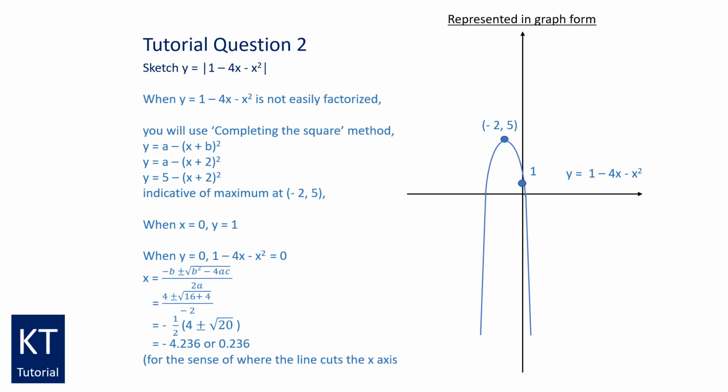Next, we will identify where the graph cuts the y-axis and the x-axis. For finding where it cuts the x-axis, in this case, you would have to use the quadratic formula. Again, the final step is to flip the portions below the x-axis to complete the required sketch.